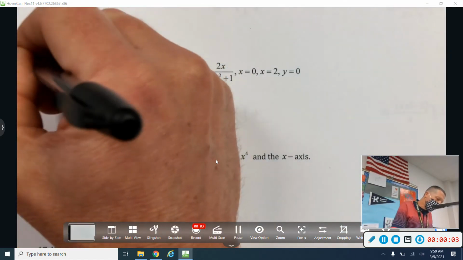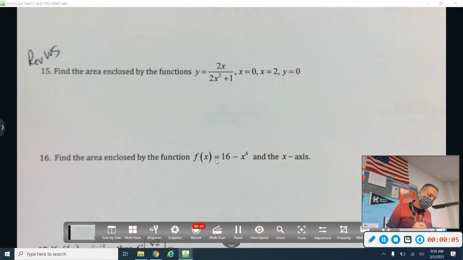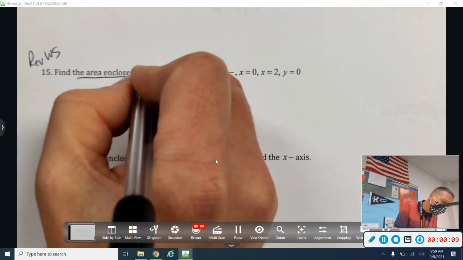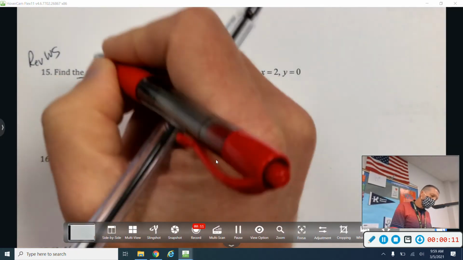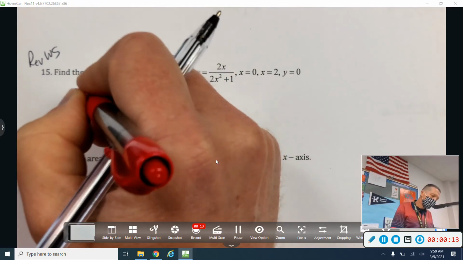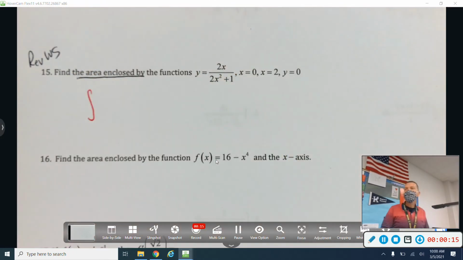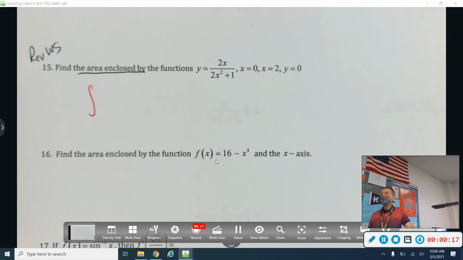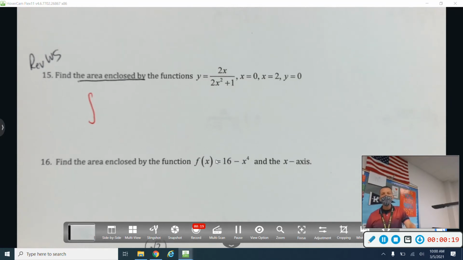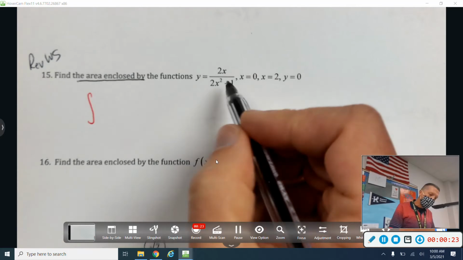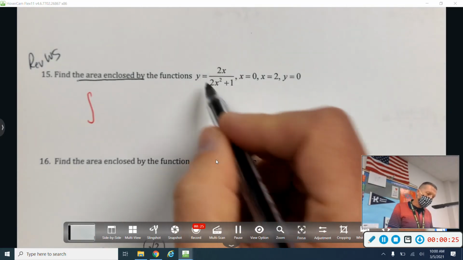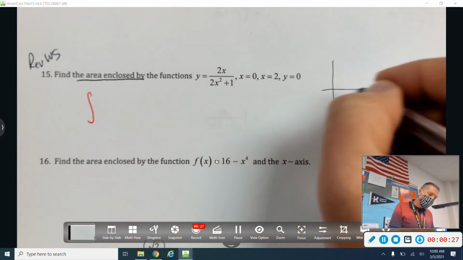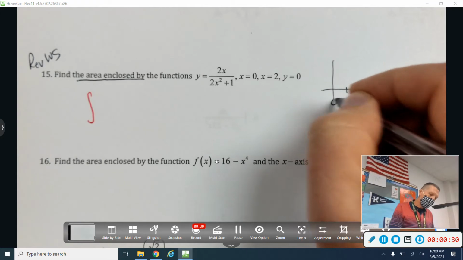So from the review worksheet, number 15, area enclosed by is calculus code word for take an integral. Because when we take an antiderivative, that tells us the area under the curve. So I have no idea what this graph looks like, but I'm going to graph it from 0 to 2.